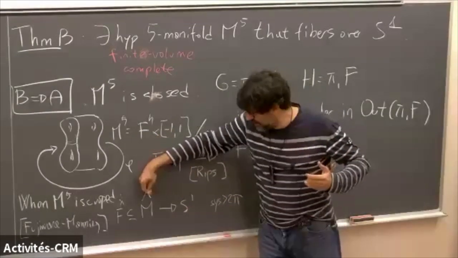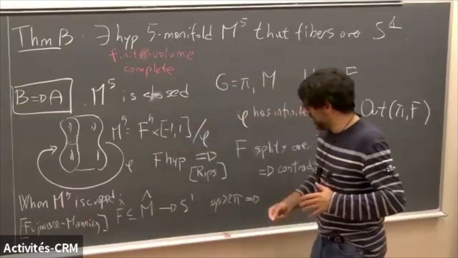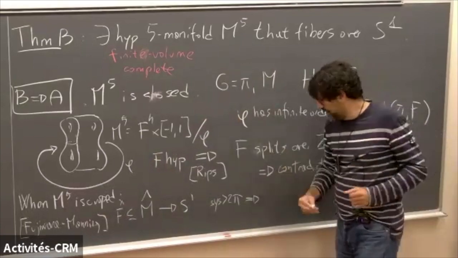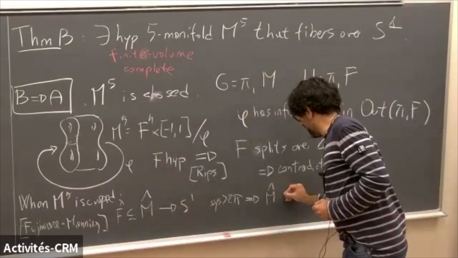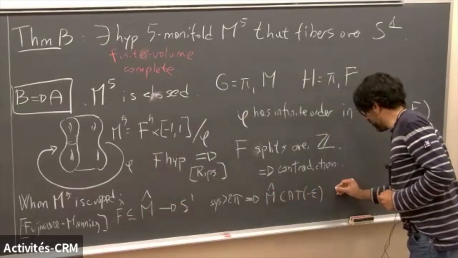So this is a theorem of Fujiwara and Manning. If the systole of the cusp section you choose is sufficiently big, then this is not going to be a manifold, but it's going to be CAT(-1) and Gromov hyperbolic.